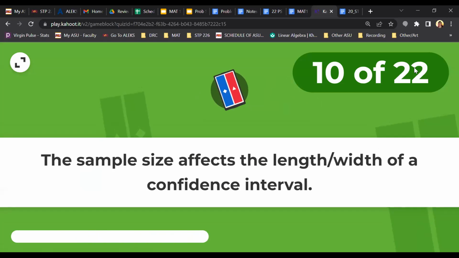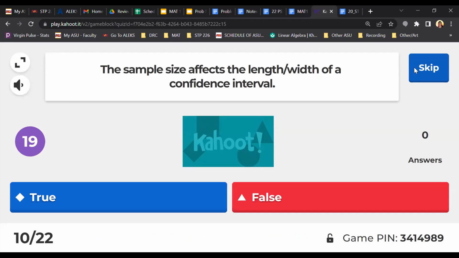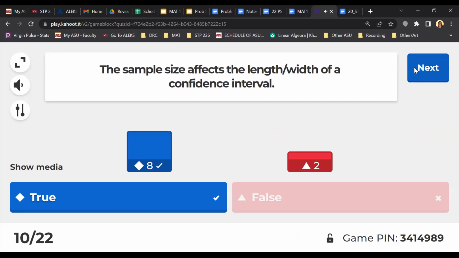The sample size affects the length or width of a confidence interval. True or false? Correct. The sample size does affect the length or width of a confidence interval.